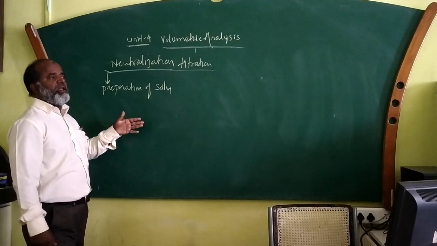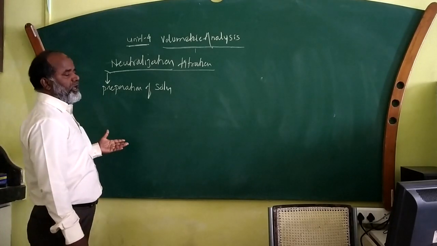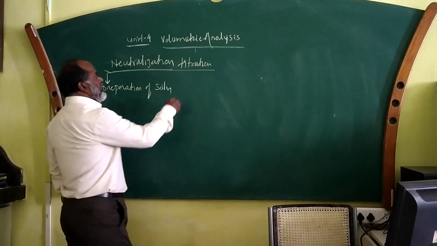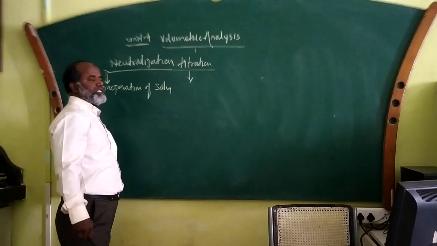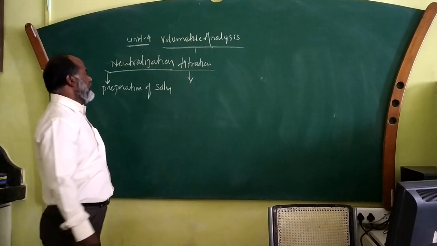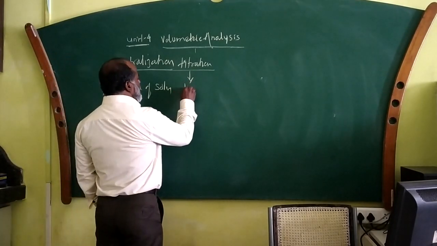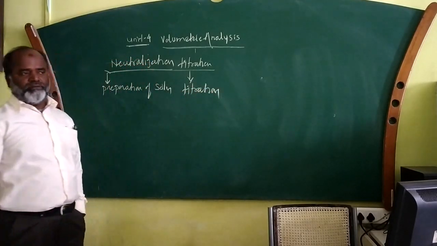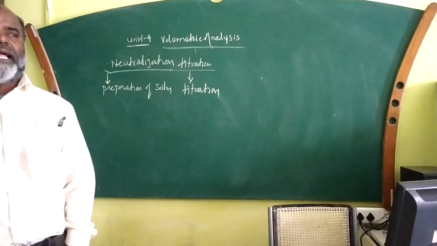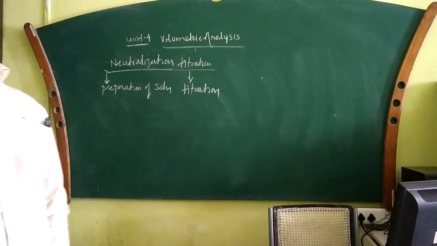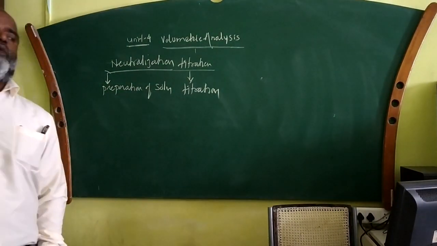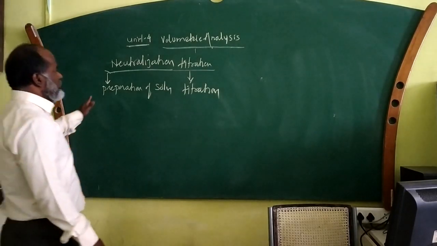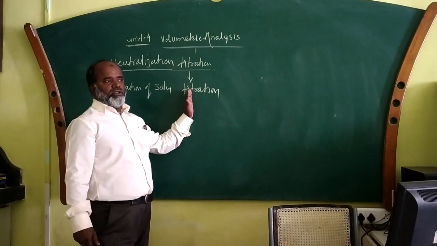You will see what the types of solutions are and how to prepare the solution. Once the solution is ready, then go for titration. Means we will start doing the analysis, the volumetric analysis. So preparation, then titration.